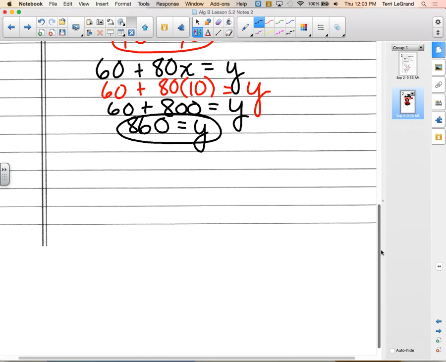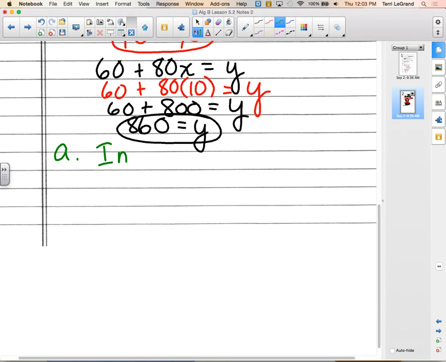But instead, because we know what it's doing, we're going to actually answer letter A, which says, in how many months will the cost be the same? What will that cost be? So, in how many months will the cost be the same?